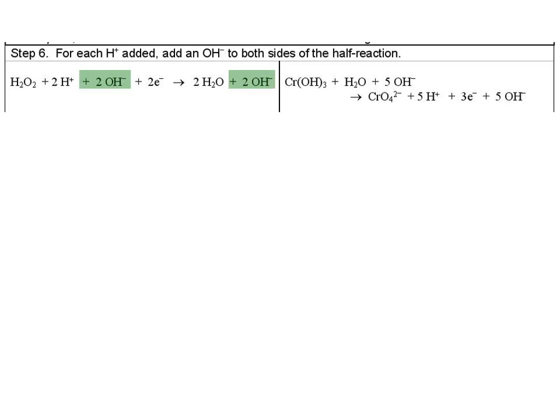Well, we have 2 H pluses, so we need to add 2 OH minuses to both sides. Of course, on the reactant side, those are going to combine to be water, and on the product side, it's going to stay as hydroxide. Fixing the right half reaction, we needed to add 5 hydroxides to fix those 5 H pluses on the product side. So step number 7 is to go ahead and combine things that combine.